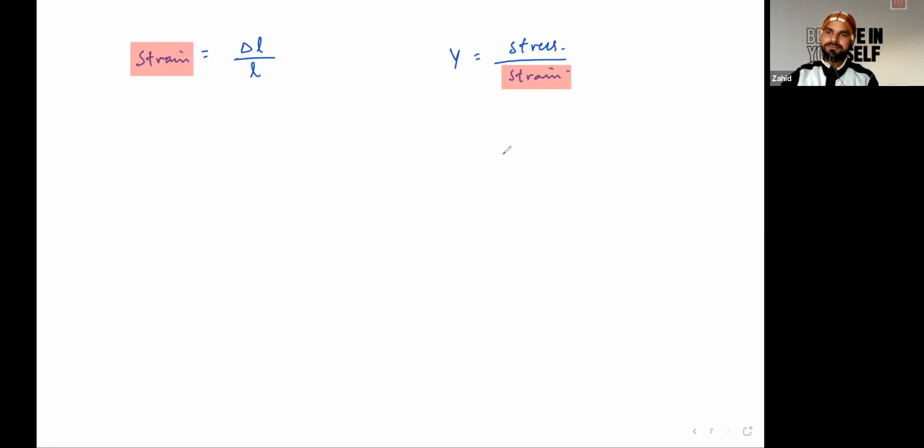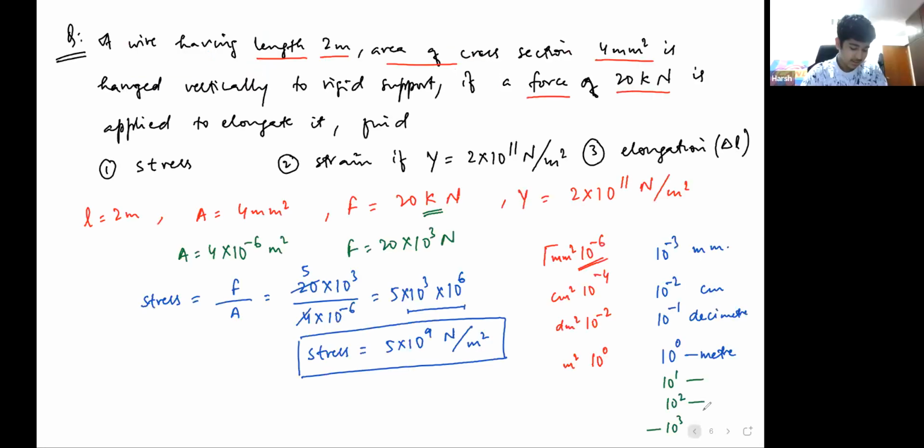Any problem? Sir, Young's modulus has a value, right? Yeah, Y equals this much. You have to take a screenshot of this part. Okay, so done. I took the screenshot.